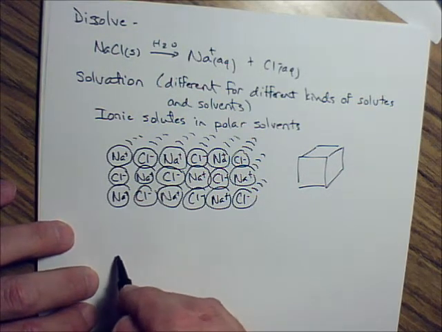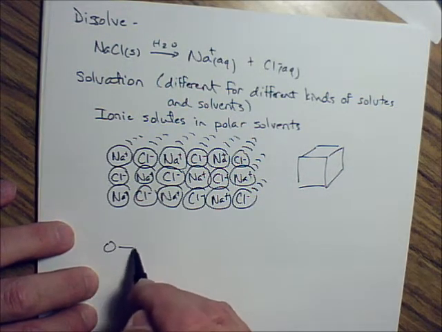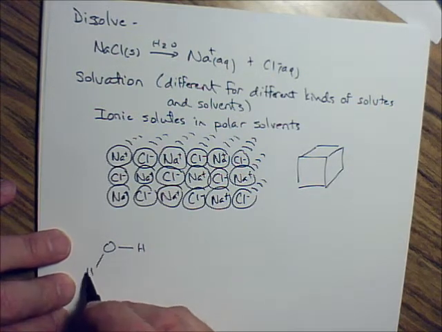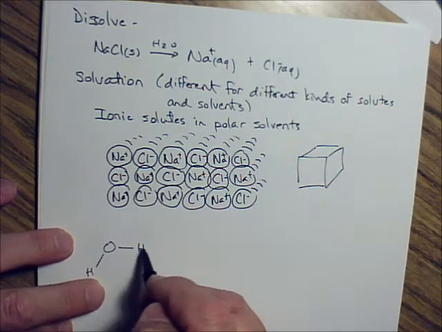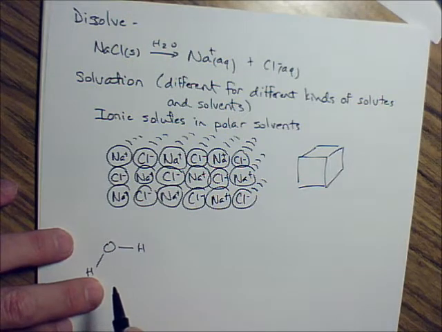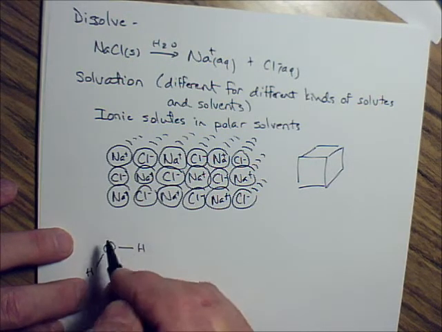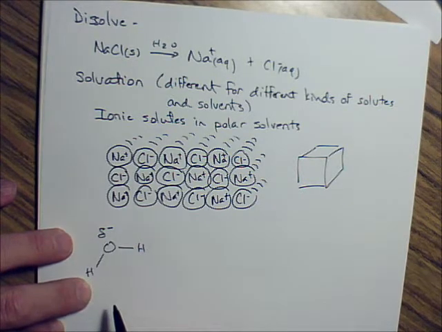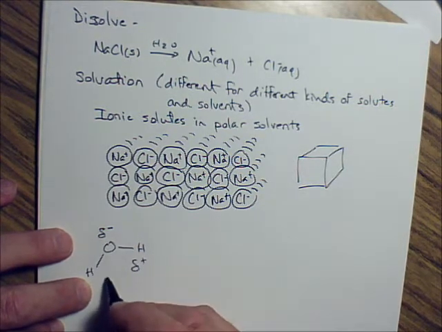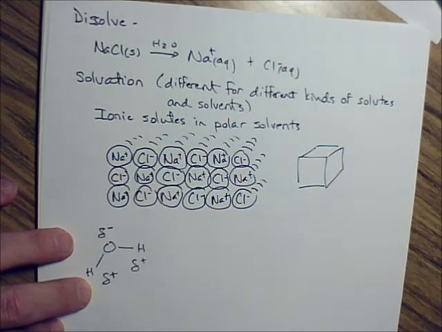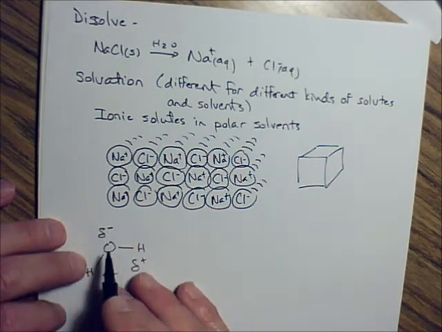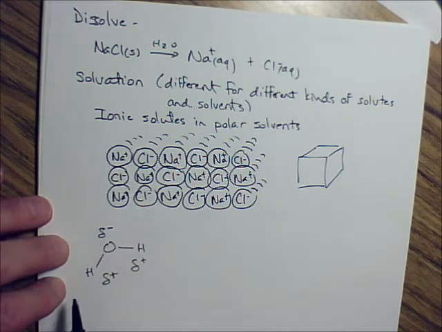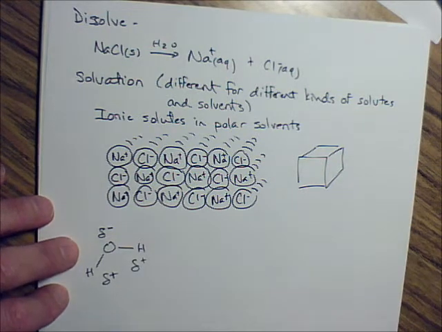And when we did that, we found that we've got oxygen bonded to hydrogen in a bent molecular structure. And when we did the electronegativity calculations, we found this was a polar molecule where the oxygen end is partially negative and the hydrogen ends are partially positive. And in fact, there's really two negative locations here because of the lone pairs that are sitting up there. We don't talk about that much in this class.